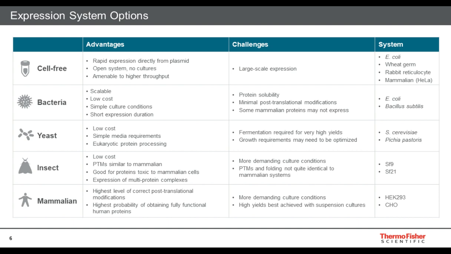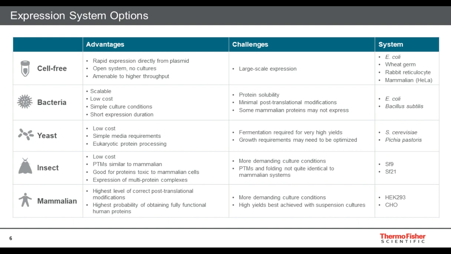Some proteins are not soluble in this system. There are minimal post-translational modifications added to the expressed proteins in bacteria, and some mammalian proteins may just not express well. So another option is to go to a yeast system, which is also low cost and simple.